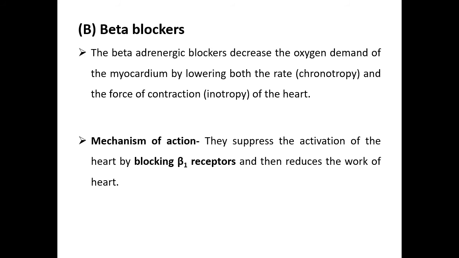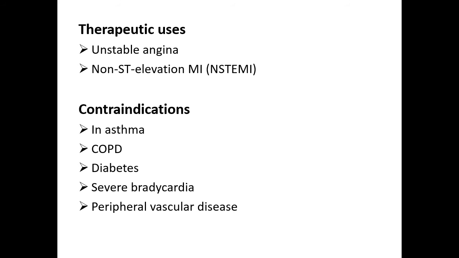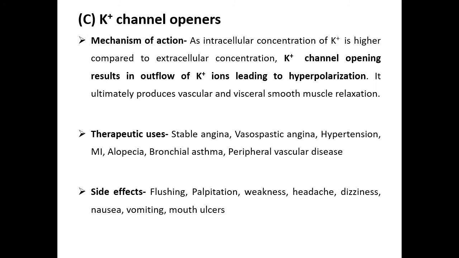So dose adjustment and monitoring are required to produce a prominent action in the treatment of angina pectoris through beta blockers. Now coming to the therapeutic use of beta blockers, they are used in unstable angina or non-ST elevation MI, also called NSTEMI. There is a contraindication for beta blockers in asthma, COPD, diabetes, severe bradycardia, and peripheral vascular diseases.